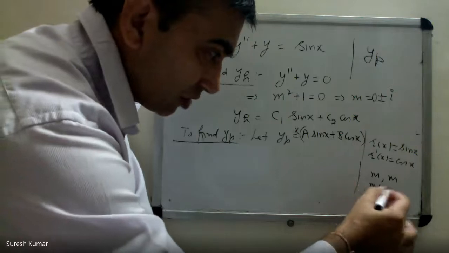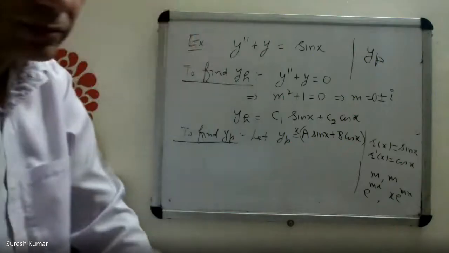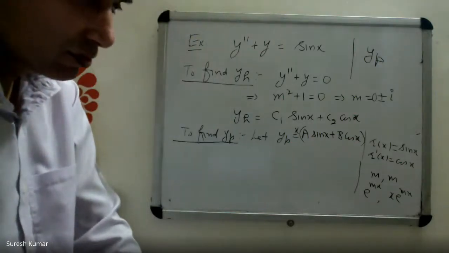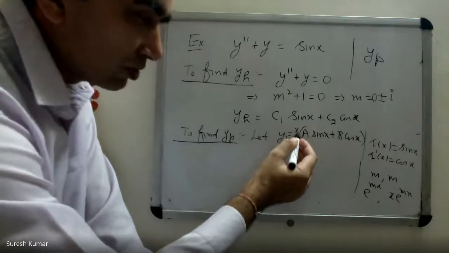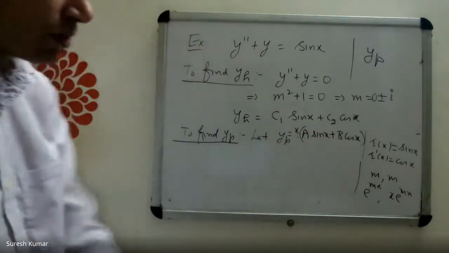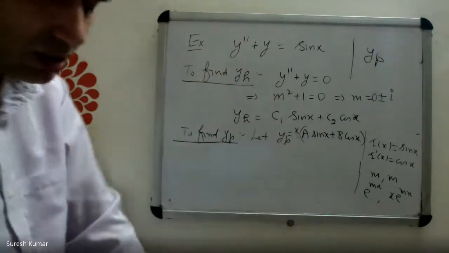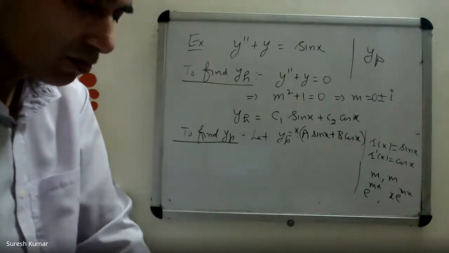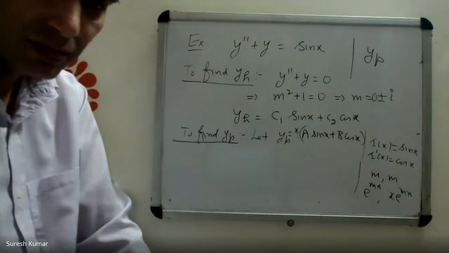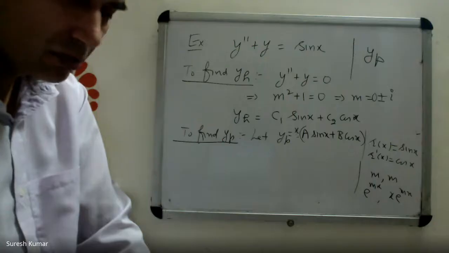One solution was e power mx, another solution x e power mx. Anyway, in the method of undetermined coefficients, for simpler calculation, it's better you multiply it by x. Now substitute it into the given differential equation and find A and B. This is an exercise you should do. Take your time, but find the correct values of A and B.